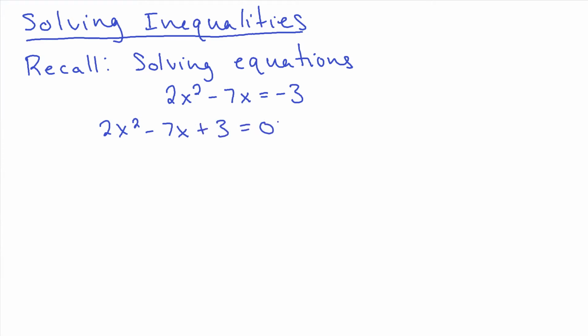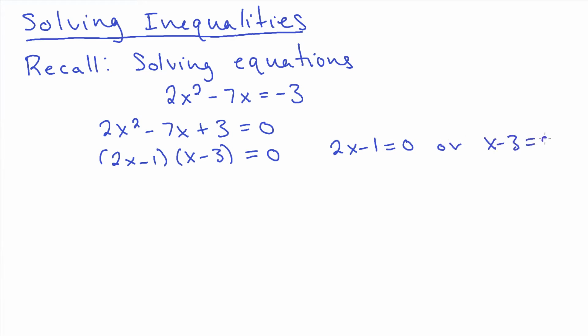And then you factor this, and this factors as 2x minus 1 times x minus 3. And then you know that this expression is equal to 0 either when 2x minus 1 is equal to 0 or x minus 3 is equal to 0. So when x is equal to 1/2 or x is equal to 3.